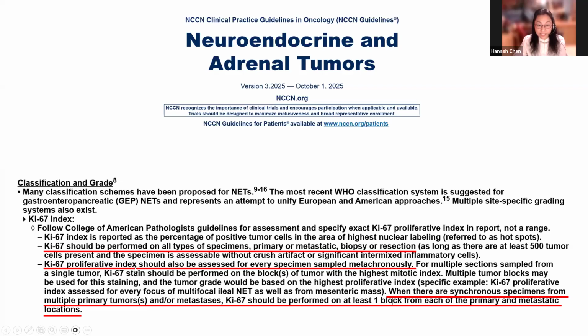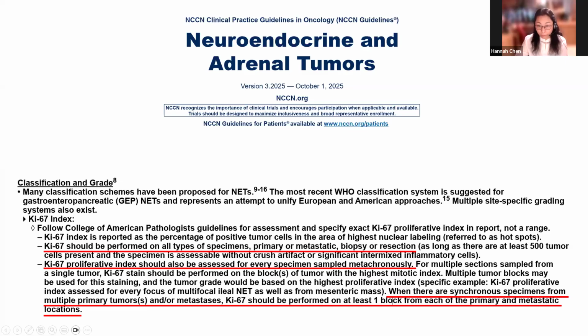Ki67 proliferative index should also be assessed for every specimen sampled metachronously. When there are synchronous specimens from multiple primary tumors and/or metastases, Ki67 should be performed on at least one block from each of the primary and metastatic lesions.